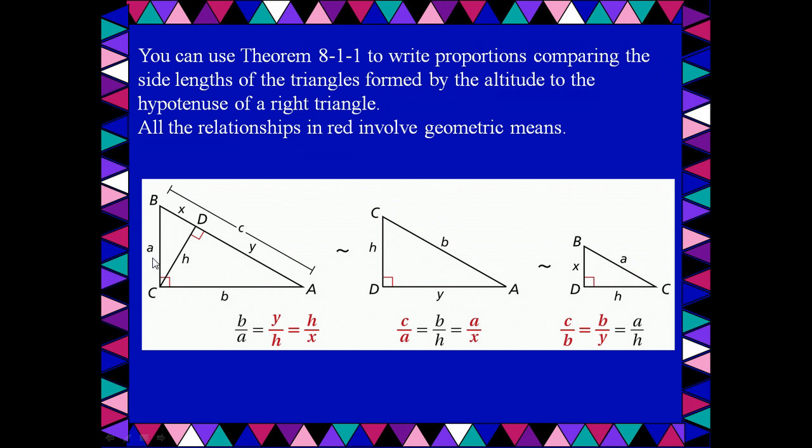So B over A is equal to Y over the altitude, which equals H over X. It is similar to the other triangle here, so that C over A is equal to B over H, which equals A over X. And for the smallest triangle that we have made, we have C over B is equal to B over Y, which equals A over H.